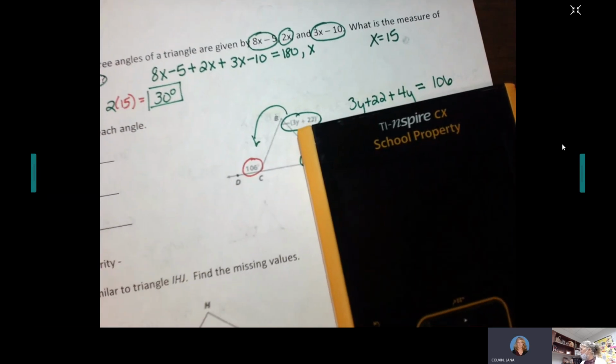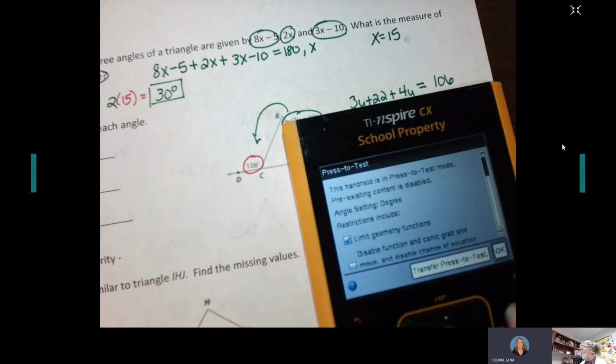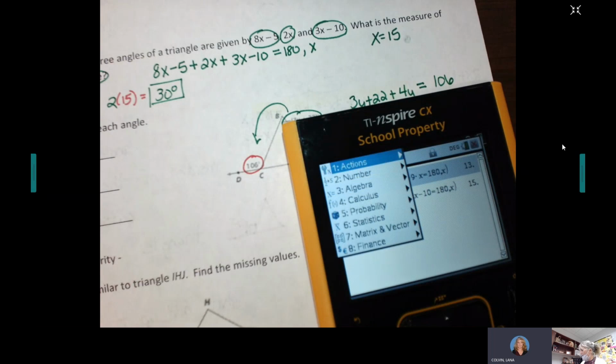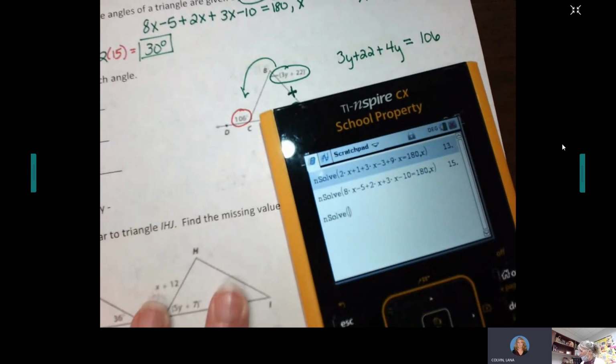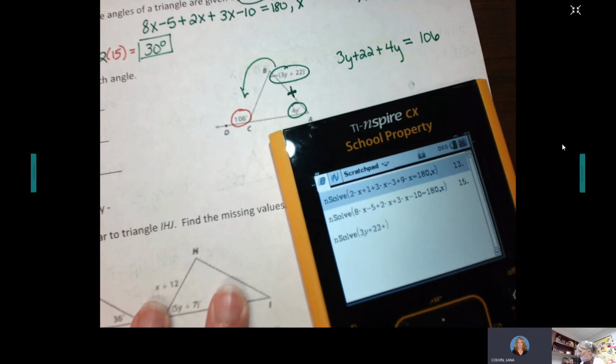You still do menu 3-1, and then you are going to type in 3y plus 22 plus 4y has to equal 106. And then I'm going to do comma y because my variable was y.